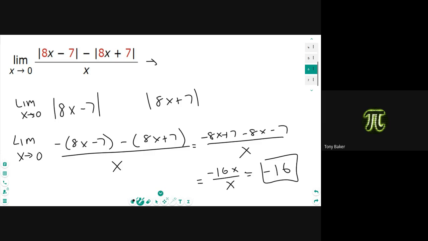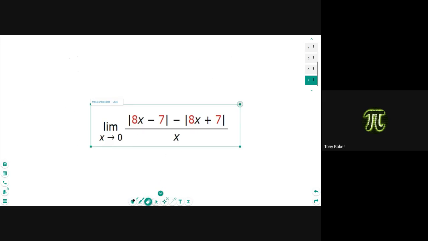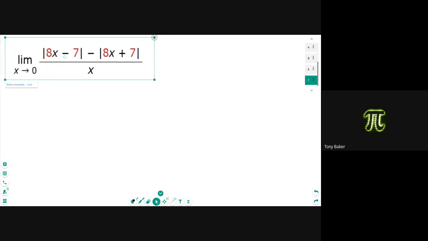So if it was to the limit of 1, could you do this problem to the limit of 1? Yeah. Because that would make the first absolute value not have negative, correct? Not negative. So it's very possible this is not going to work, but we'll see.